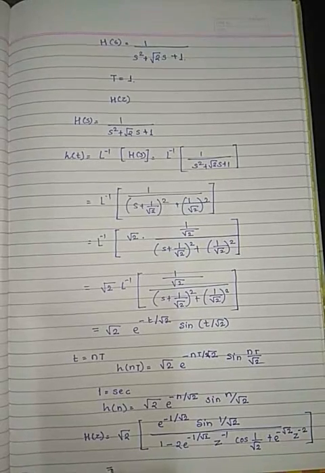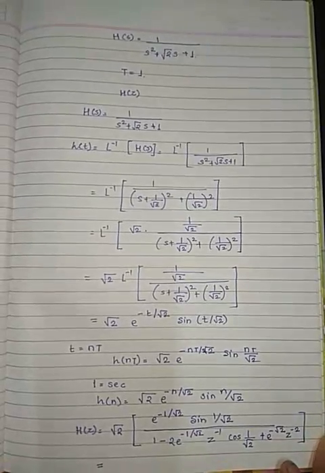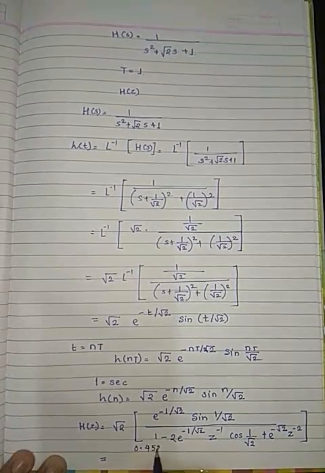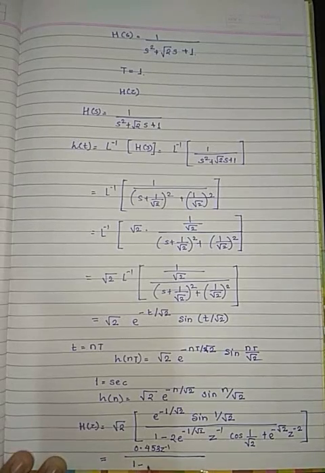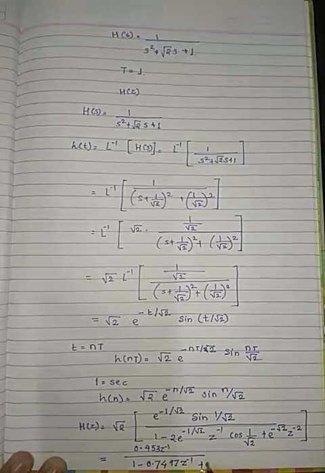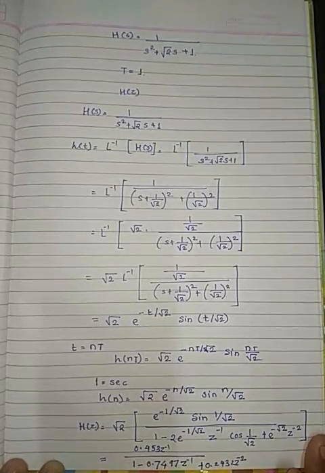So after simplification we have 0.453 z inverse divided by 1 minus 0.7497 z inverse plus 0.2432 z raised to minus 2.